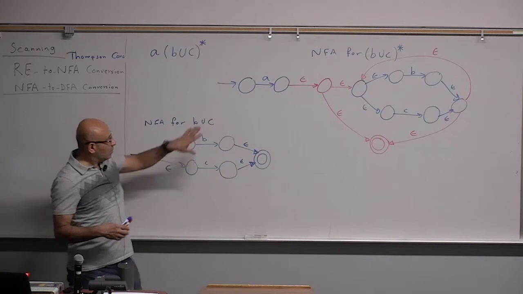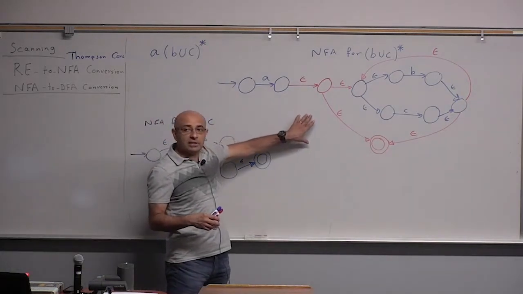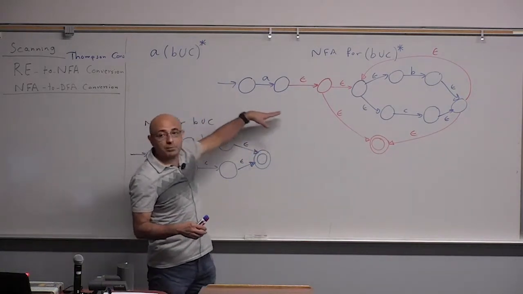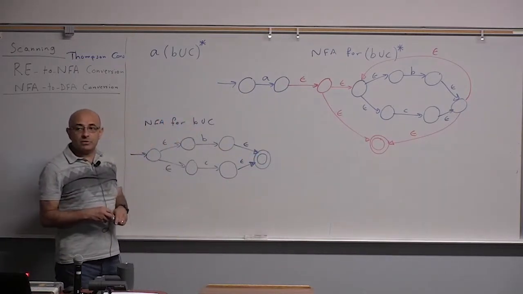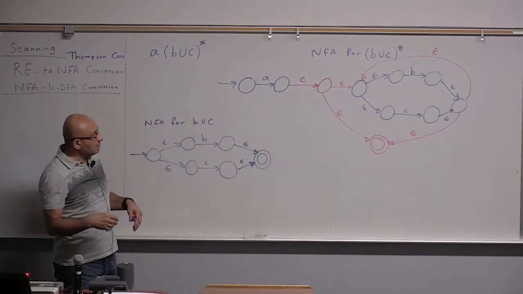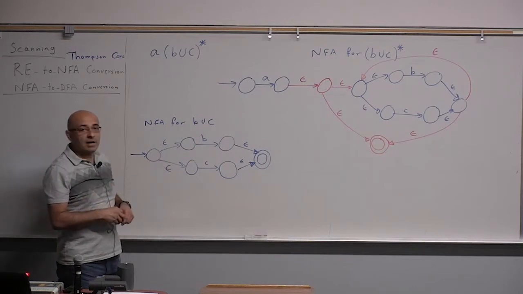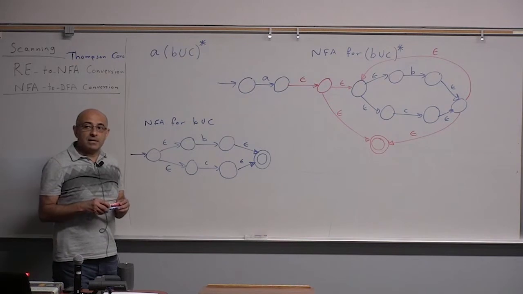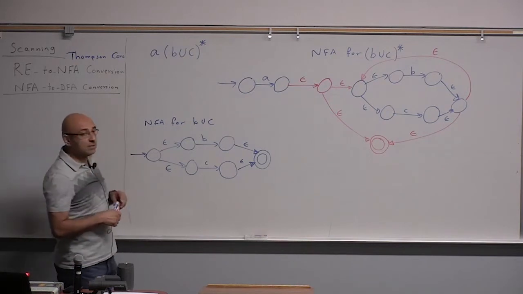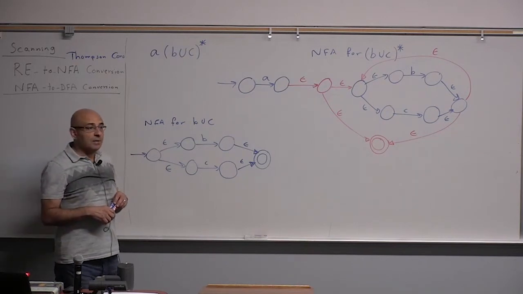So we will stick to the systematic procedure that may sometimes introduce a ridiculously large number of epsilons, but we will stick to the systematic procedure, the Thompson procedure. Okay.